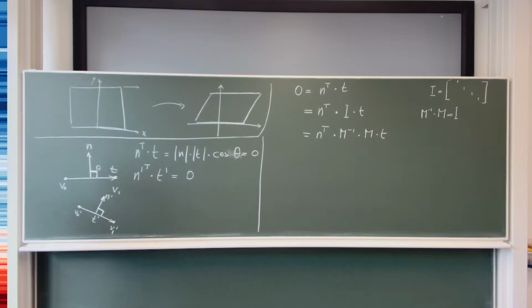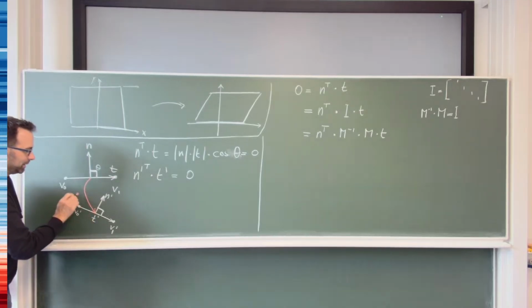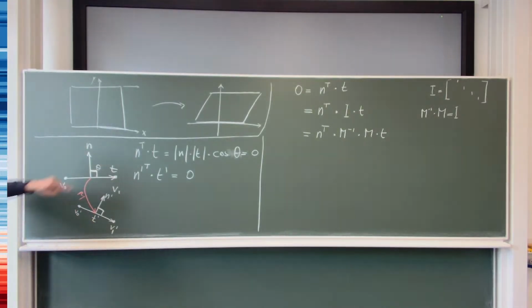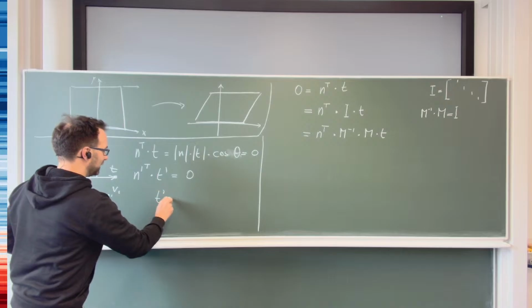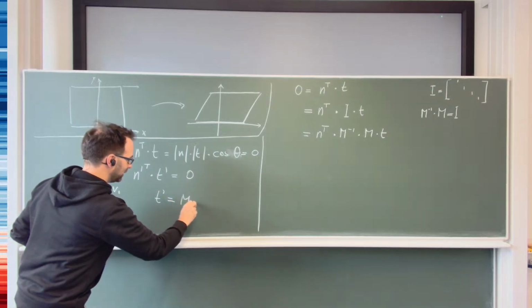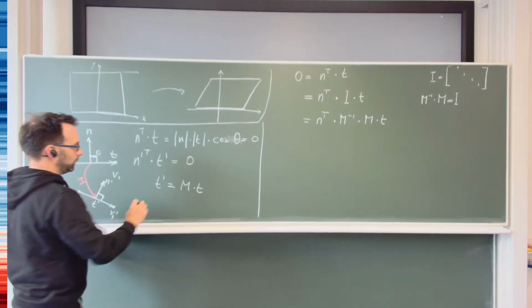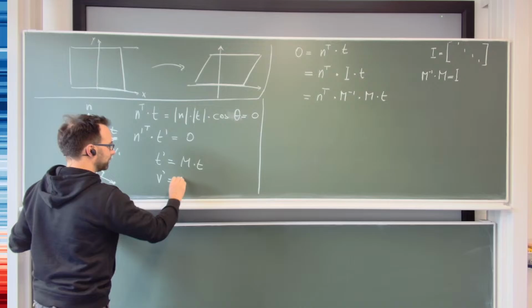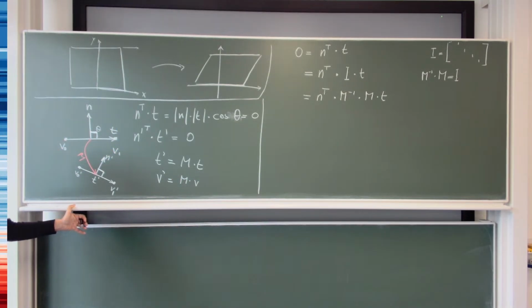Since we're looking for the transformation matrix that is applicable to normals, why not take M as the matrix that takes you from here to there, so as the matrix that transforms any vertex into the transformed vertex. Okay?